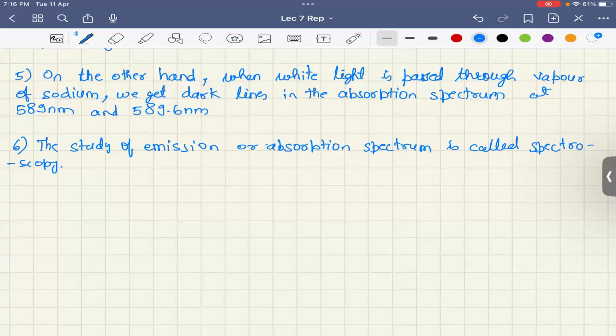Why is there this or? This is because both of these methods are complementary to each other. We don't need to study both the emission and absorption spectra. We can study either one of them because both give us the same information.